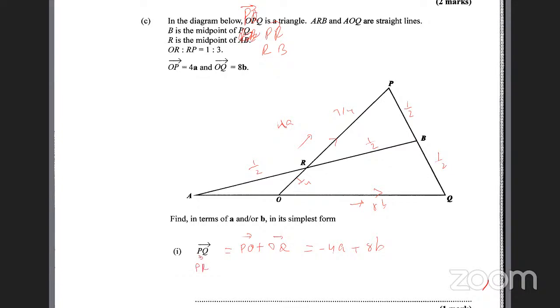So PR is equal to 3/4 of PO, right? PO, not OP. So that's 3/4 of minus 4A. So that's negative 3A.